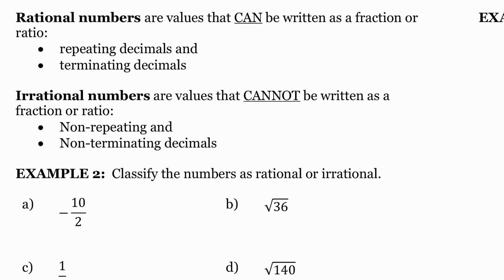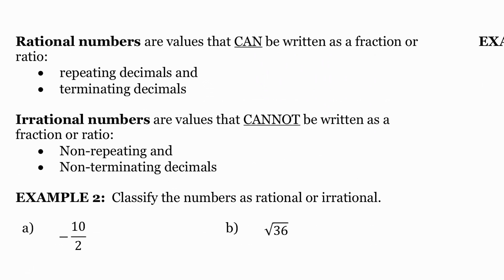Rational numbers are numbers that can be written as fractions or ratios. Ratios and fractions are the same thing. If they're not fractions, another way to tell is repeating decimals, decimals that repeat, like 0.3333, or 0.5555, or 0.5858.